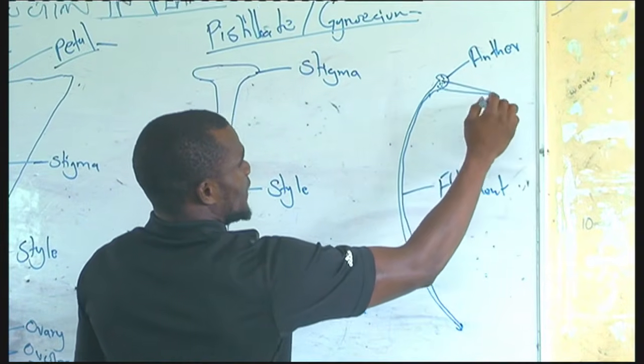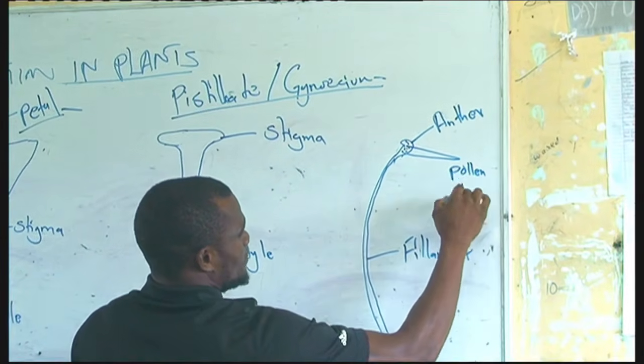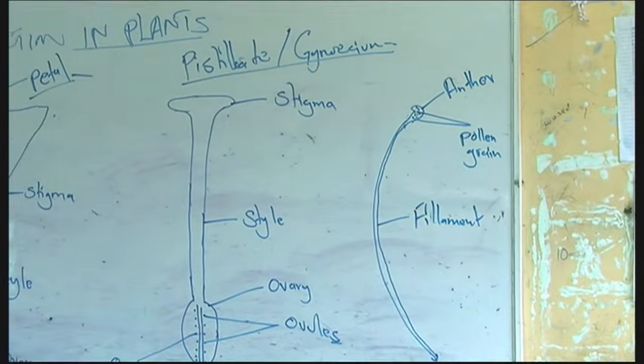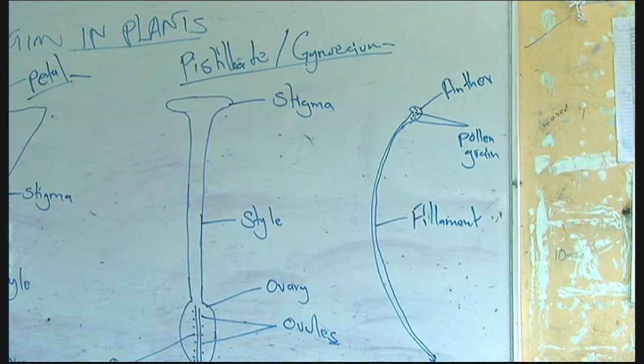And within the anther, we have the pollen grain, the male nuclei, pollen grain. Then you get your marks. You get your clear marks.